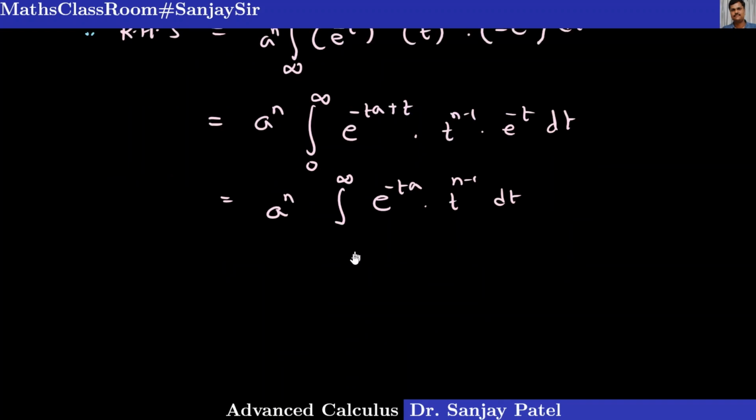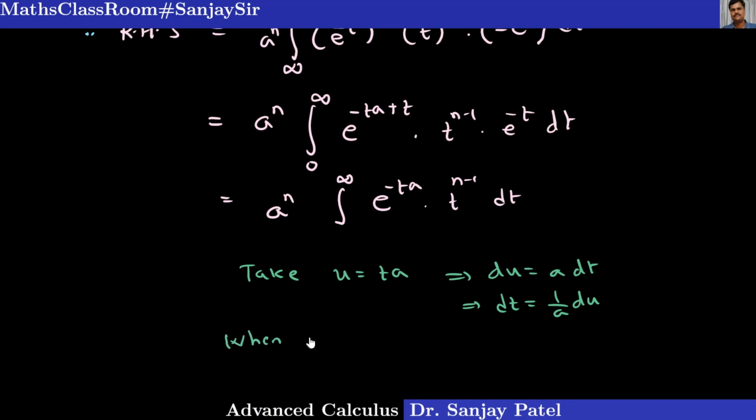Now in this integral, I want to take another substitution. Let me take u is equal to t into a. I want to get rid of this a here. So this implies I will get du is equal to a times dt, and therefore dt is equal to 1 upon a into du. Also when we have t equal to 0, we have u is equal to 0, and when t is equal to infinity, we have u is equal to infinity, follows from this substitution.